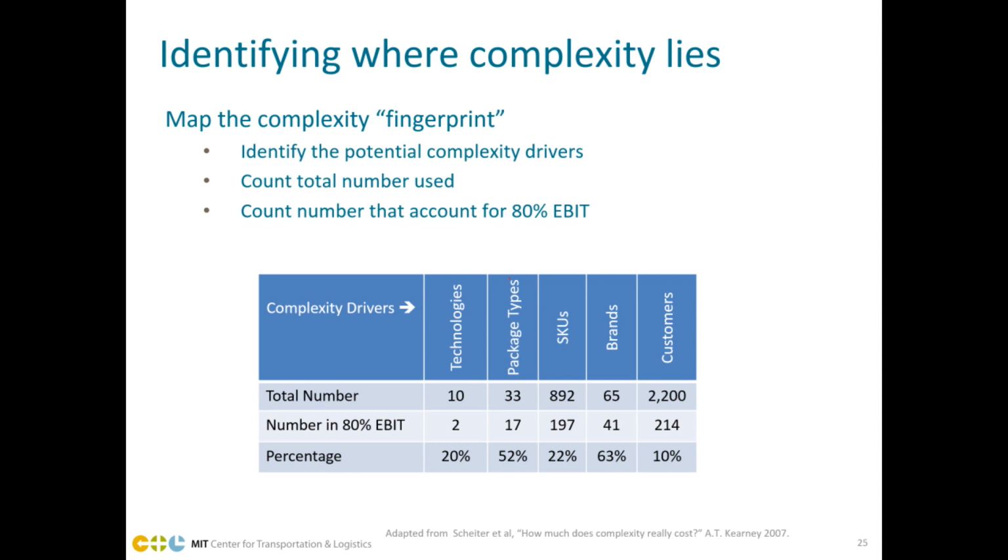This helps flag or help you focus in on where you might want to dive in to some more complexity reduction or just take a look at what's happening. For example, for customers, in this case, only 10% of the customers contribute to that 80% EBIT that I talked about. Now, these thresholds of 80% or 90% or 85%, yes, they're arbitrary, but the power of this tool is that it helps you focus.